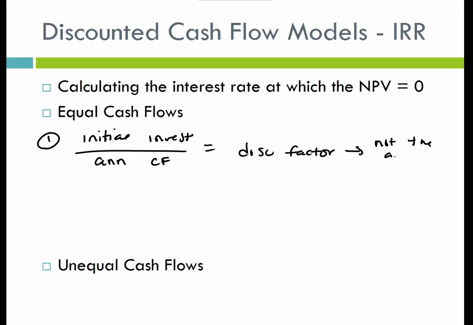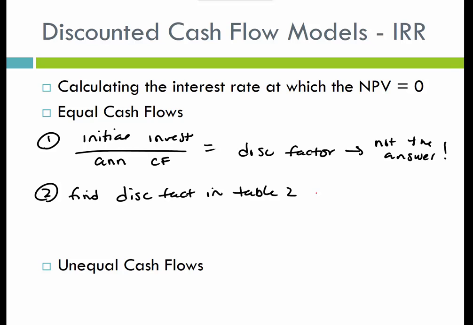If people mess up, it's because they stop here. Then you find that discount factor in your table, in table 2. So this would be an annuity, table 2, for that time period. You go along to the year until you find that, and we'll do one.